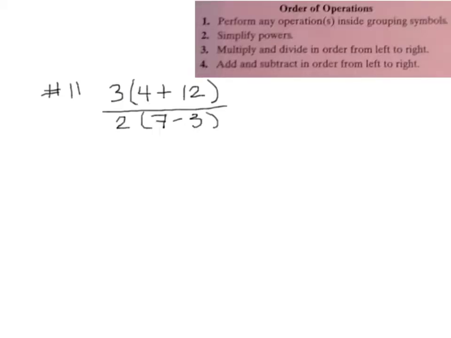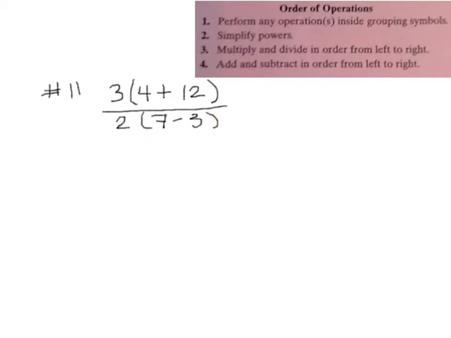All right, so I'm going to do number 11 for you. In this case, I'm going to simplify this by looking at my order of operations. First, I perform any operations inside grouping. I notice that this one has grouping here, and it has grouping here.